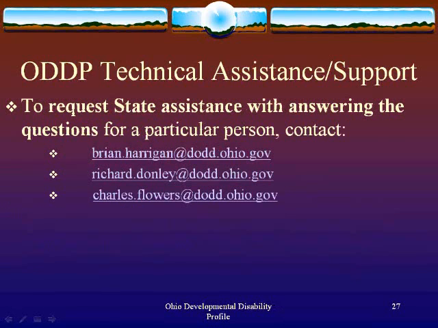Again, you can always contact myself, Rick, who were both on this video conference, as well as our supervisor, Charlie Flowers, if you need any other assistance or guidance regarding the DDP.